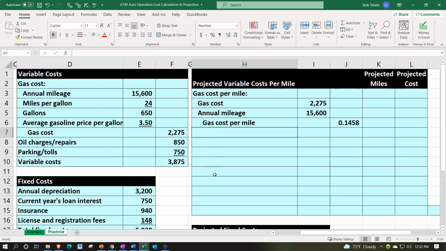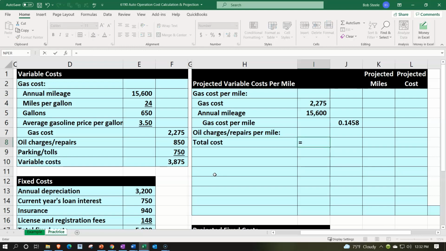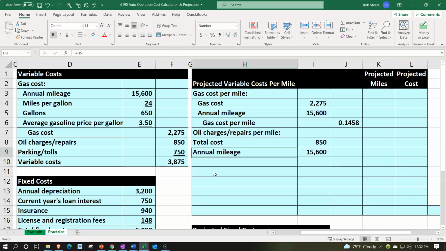And then we're going to say oil changes or charges slash repairs per mile. So this one, the total cost of the oil charges last year we said was $850. Let's break that down to a per mile basis by dividing it by the annual number of miles that we drove, 15.6.